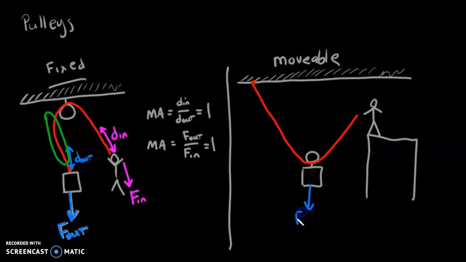So I have my output force, it's the same output force as it was before. In this case, for my distance out, however far I raise this object, each of these ropes has to move that far.